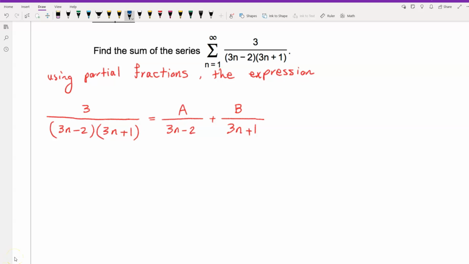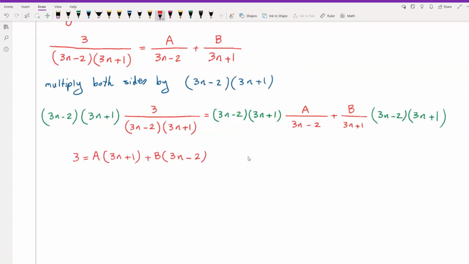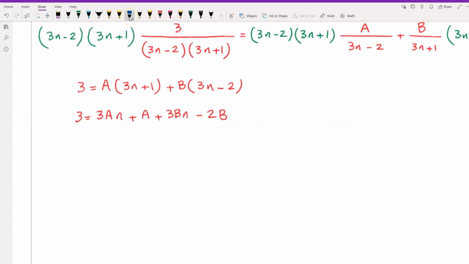Multiply both sides by 3n minus 2 times 3n plus 1. And then simplify, we're going to have 3 equal to a times 3n plus 1 plus b times 3n minus 2. And then I used the distributive property: a times 3n, a times 1, b times 3n, b times negative 2.